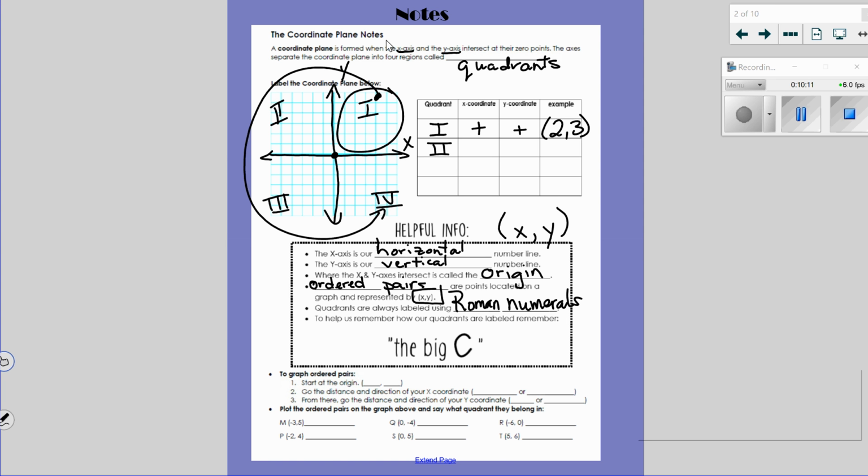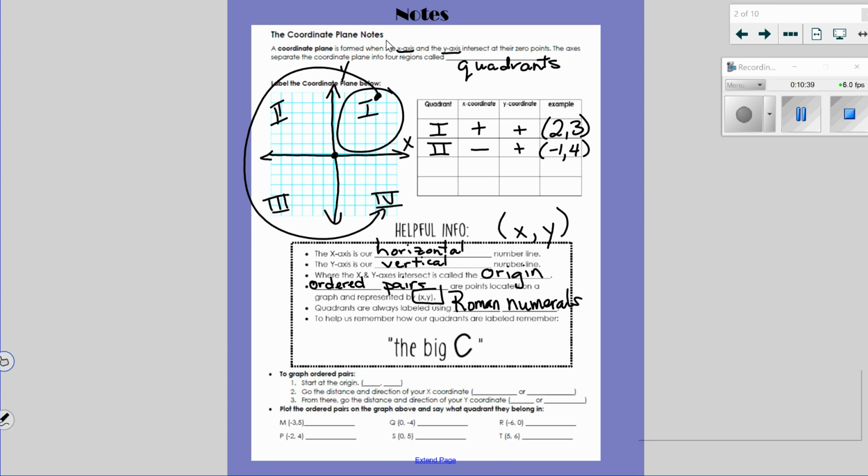So that means that my X value is going to be what? Positive or negative? Negative. But once I get over here, to actually get up into quadrant 2, I have to go up, so my Y coordinate will be positive. So an example of a point that would be in quadrant 2 would be something like -1, 4. A negative X and a positive Y.